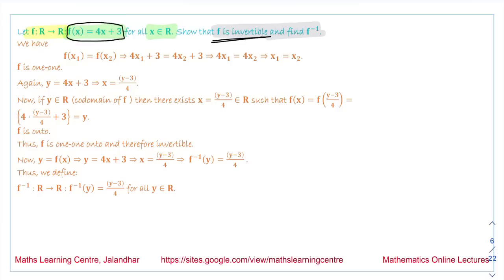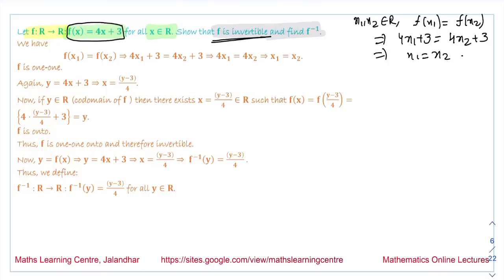So to prove that this function is 1-1, we say let x1, x2 belongs to R, then f of x1 is equal to f of x2. This implies 4 x1 plus 3 is equal to 4 x2 plus 3, and this implies x1 is equal to x2. So it means this function is 1-1.